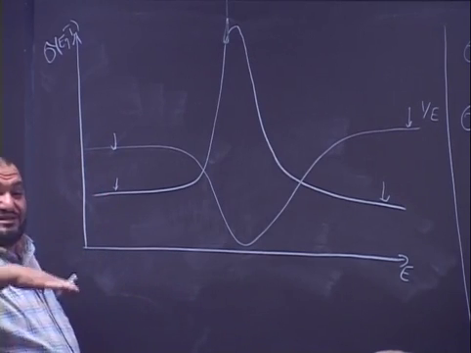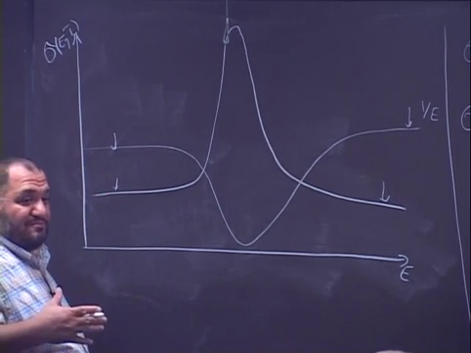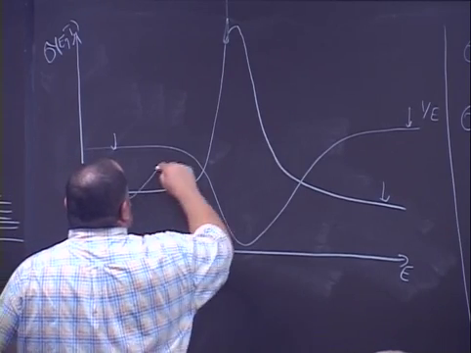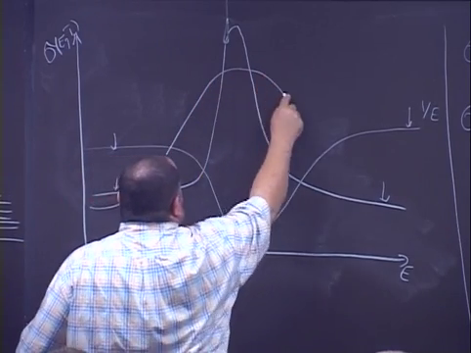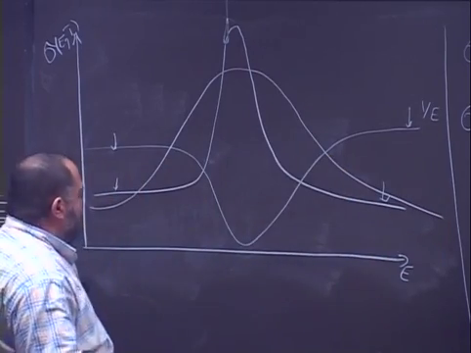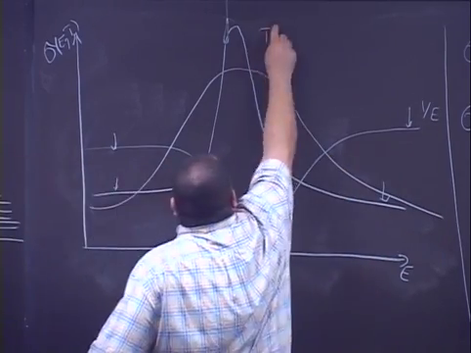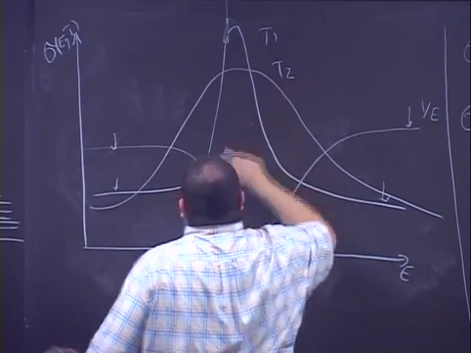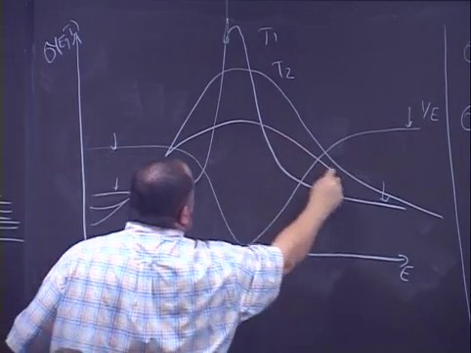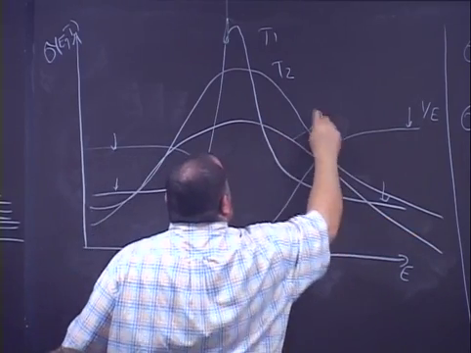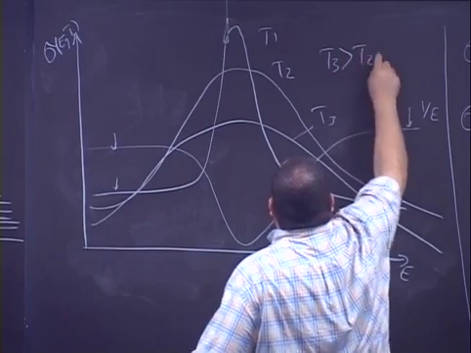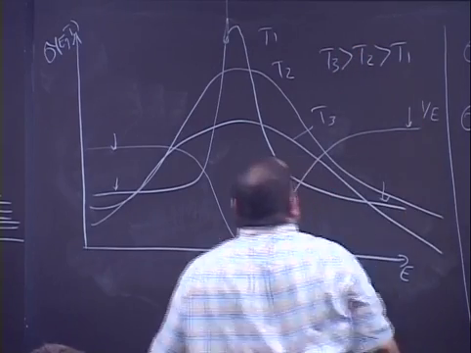So if you increase the temperature, what will happen? This curve for the cross-section will broaden. So this is at T1, and this is at T2, and then increase the temperature again, and this is at T3, where T3 is greater than T2 is greater than T1.